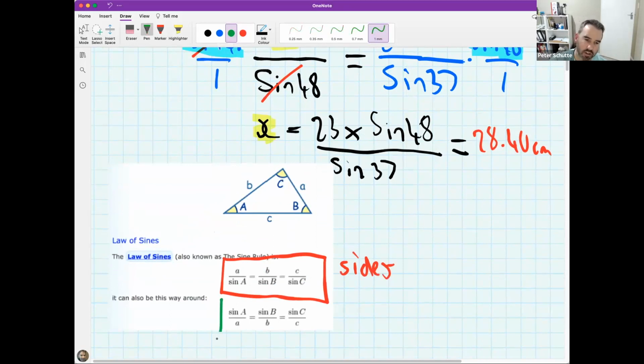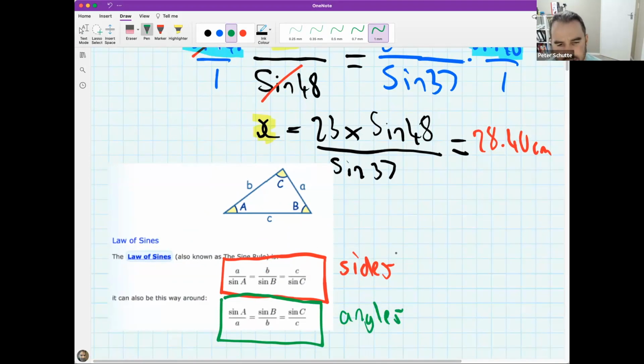When we are solving for angles, we write the sine rule like that. Can anybody spot the difference? Maybe somebody can come on and tell me what's different between the two different statements of the rule? Who feels like they know what the difference is?